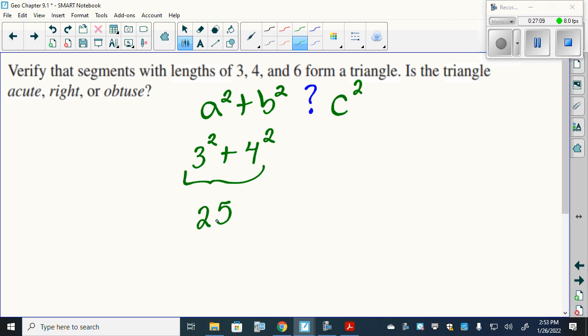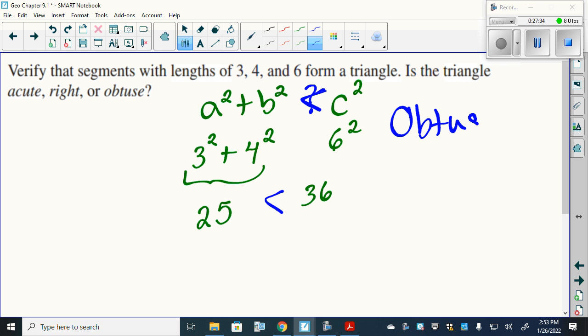Now the value of c is 6, and 6 squared is 36. Which one's bigger, 25 or 36? That's telling us that c squared is bigger than a squared plus b squared, so it has to be an obtuse triangle. Any questions on this so far?